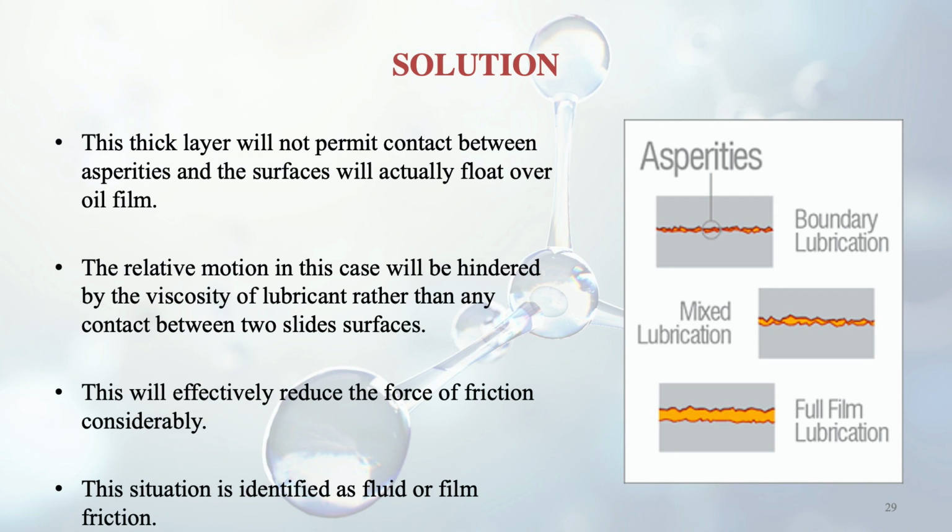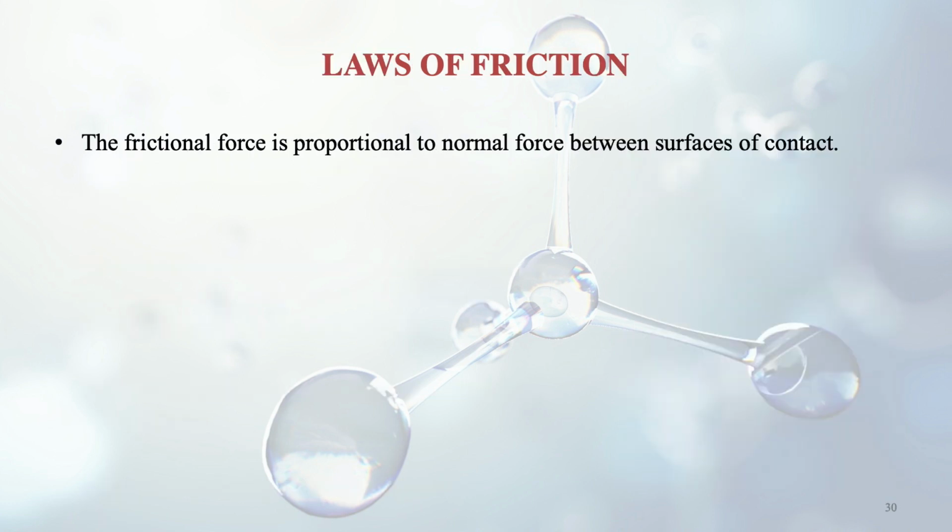So when we were discussing friction, let's know about the laws of friction also. Frictional force is said to be proportional to the normal force between the surfaces of contact. Suppose there are two surfaces which are in contact with each other. Now the force which will be acting perpendicular to the surfaces is known as the normal force, and the frictional force is proportional to this normal force, meaning it is directly dependent.